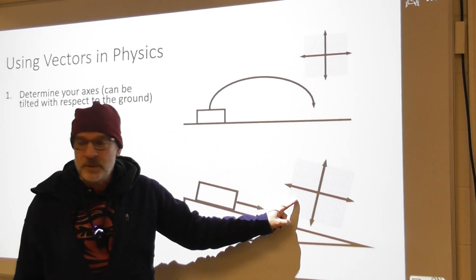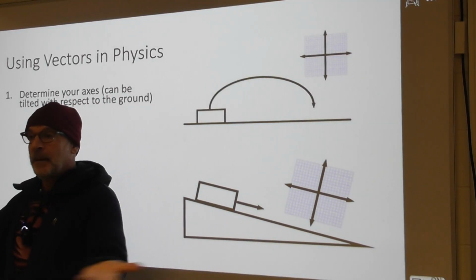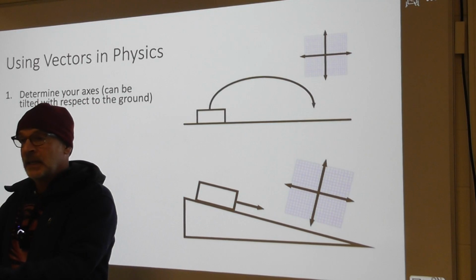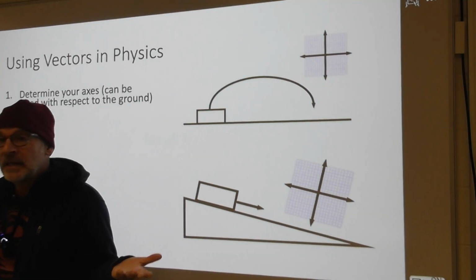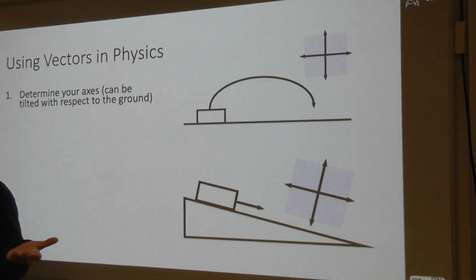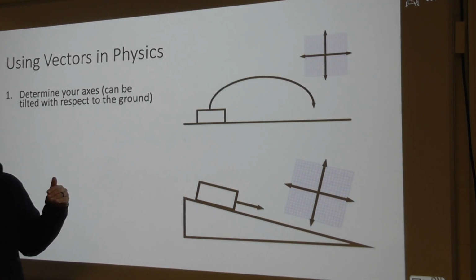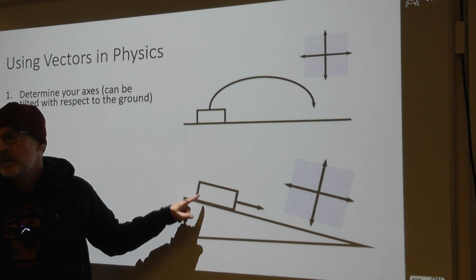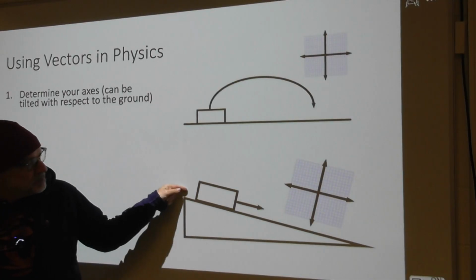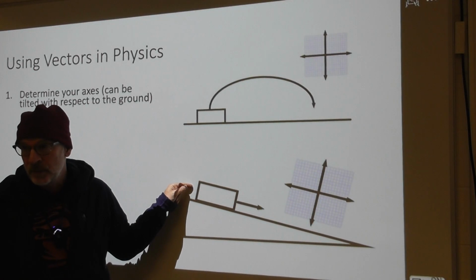But sometimes things aren't in free fall. Sometimes things are on a flat plane, right? Like something on the ground can be accelerating. And if that's the case, then there is no free fall component, and we can angle our axes in different ways. Other times, and this is sort of the classic problem where we do this, we have an object whose motion is parallel to the surface of a tilted ramp.